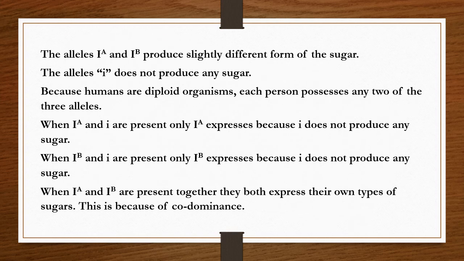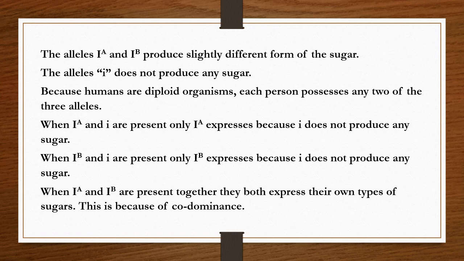We already discussed that the I gene controls those sugar polymers. The I gene has three types of alleles, IA, IB and small i. Now IA and IB produce the sugar polymers.